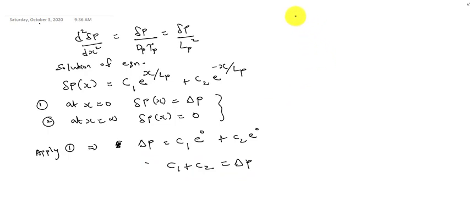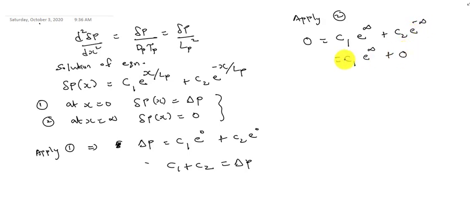Applying the second boundary condition, at x equal to infinity, the value of delta p of x is equal to 0. So 0 equals C1 into e raised to infinity plus C2 into e raised to minus infinity. The e raised to minus infinity term is 0.